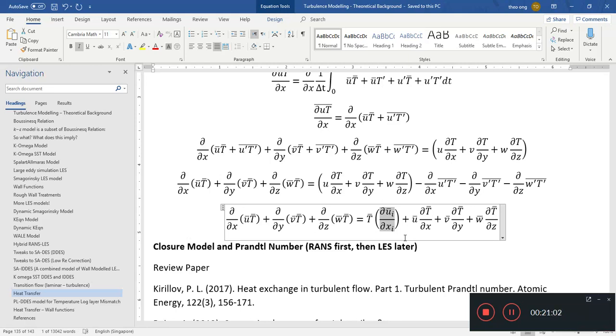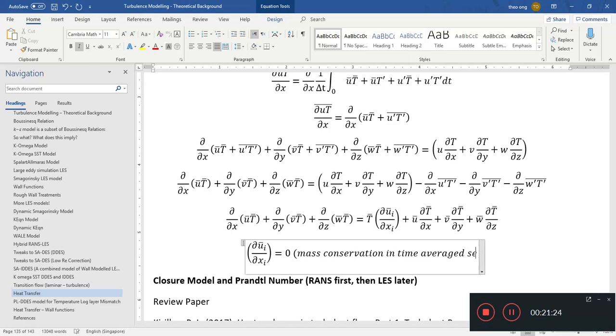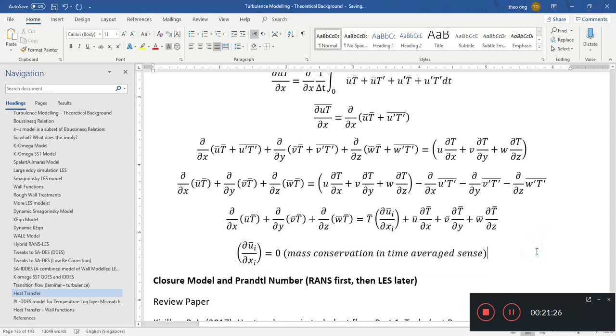It should not be accumulating any kind of mass inside any control volume, whether in a time average sense or in the instantaneous sense. So this actually drops to 0. Mass conservation in the time average sense.